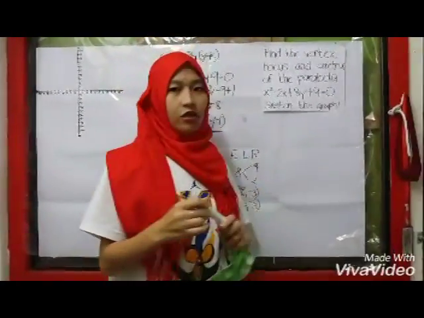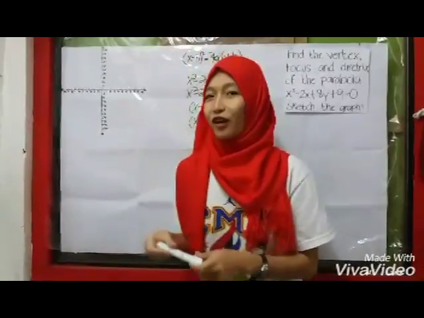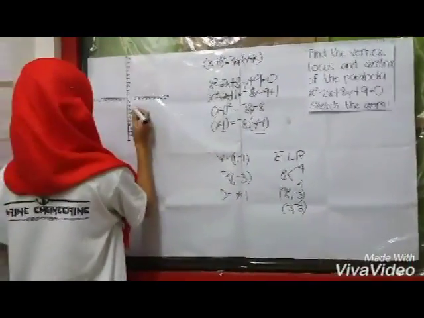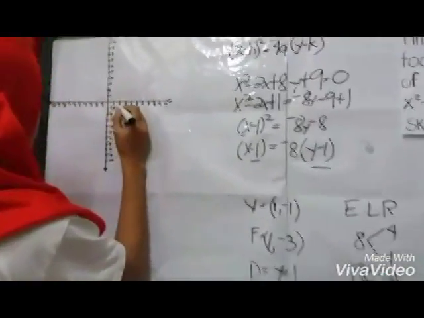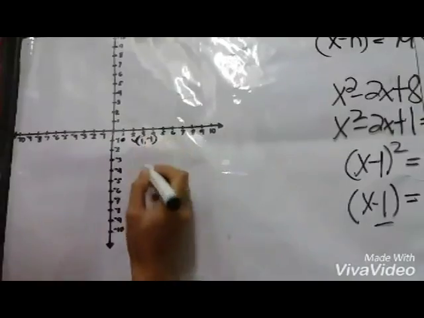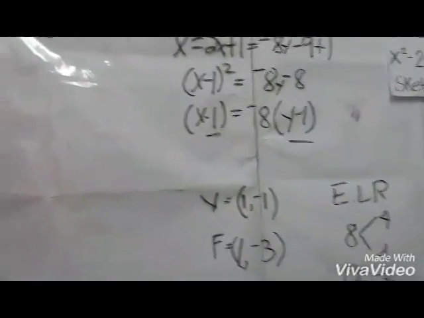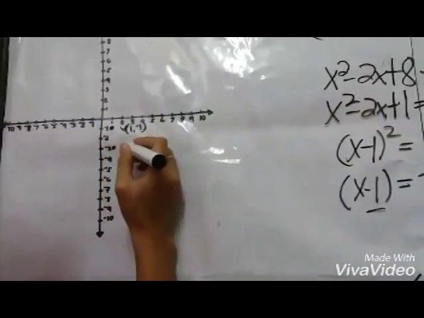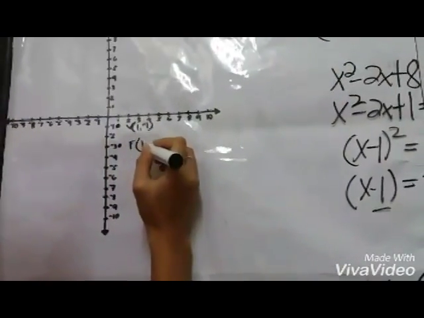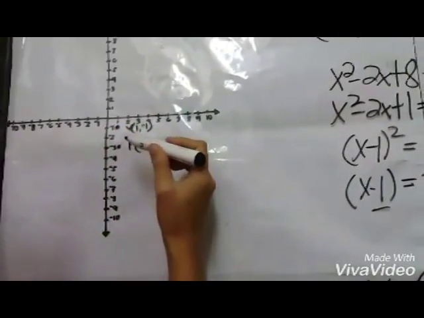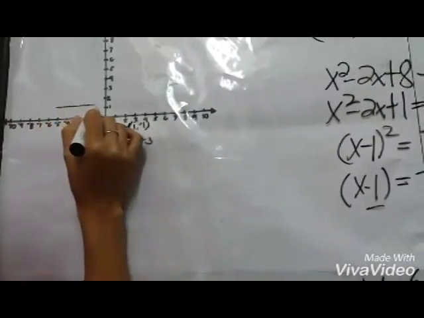So now let's sketch our graph. The vertex, which is (1, -1). Our focus, which is (1, -3). The directrix, which is along y equals 1.